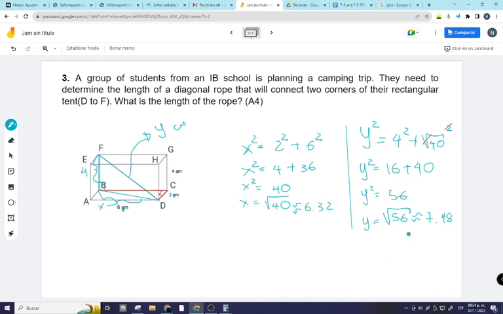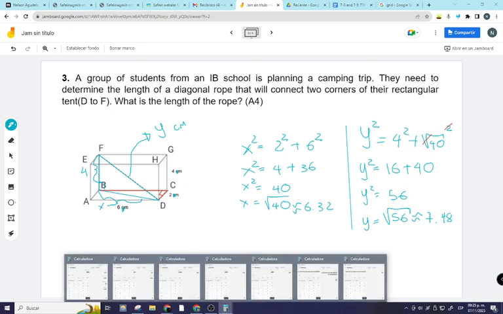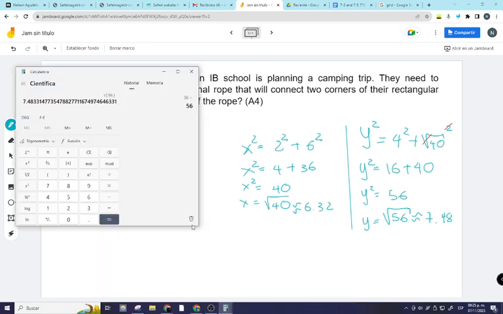Now, what happens if instead of using the square root of 40, we use 6.32? Well, then when you square it, you won't get exactly 40, but a result close to 40. So let me show you. 6.32 times 6.32.